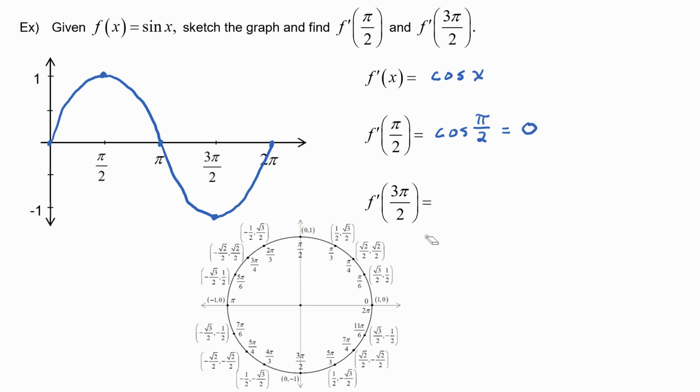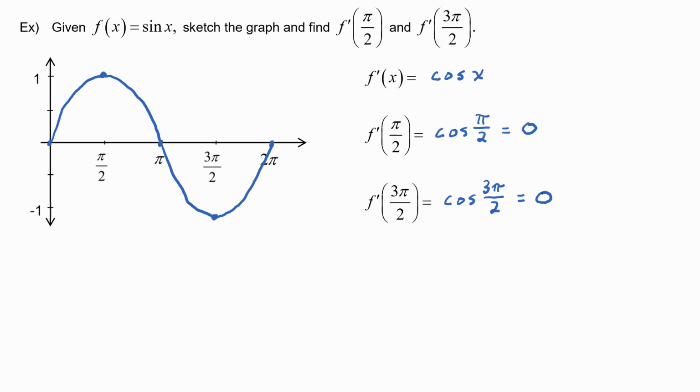And f prime of 3 pi over 2 means we need to do cosine of 3 pi over 2. And we can read that right off the unit circle. It's also 0. Now, if we were to look at the graph, we could actually see that pretty easily as well.